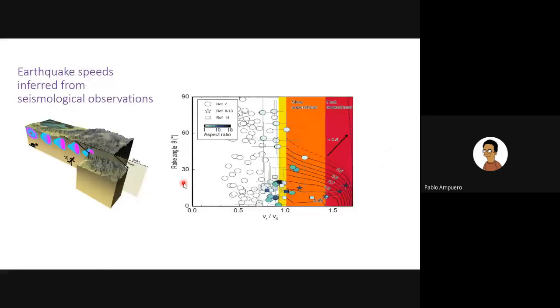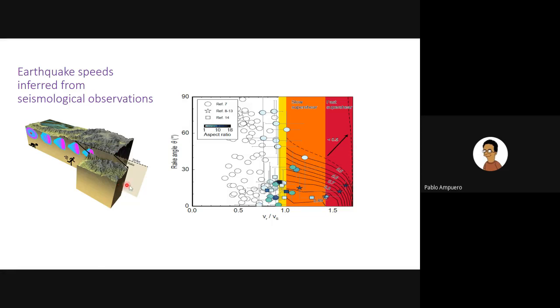We can collect observations or inferences of rupture speed from many other earthquakes, and this is what we did in this figure. We are plotting here the rupture speed of many earthquakes as a function of the rake angle. The rake angle is the angle of obliquity of a slip. So a rake angle of 0 means a pure strike-slip fault, and a rake angle of 90 degrees means a pure dip-slip faulting.